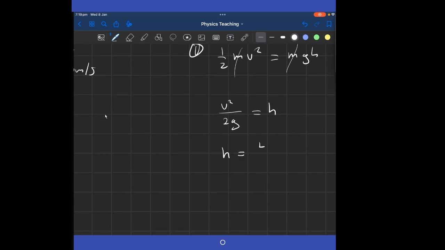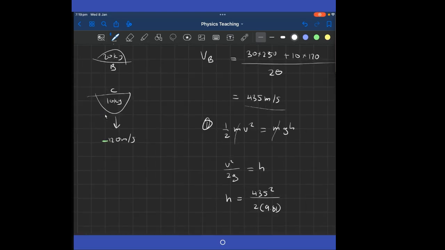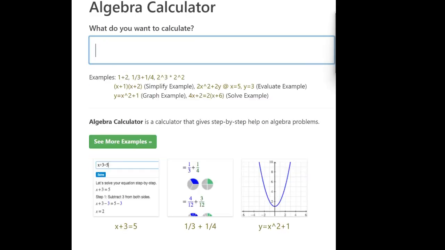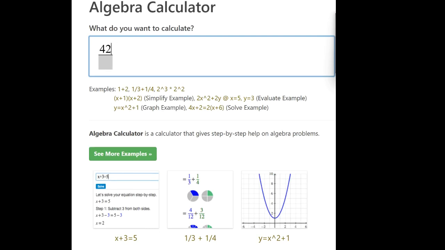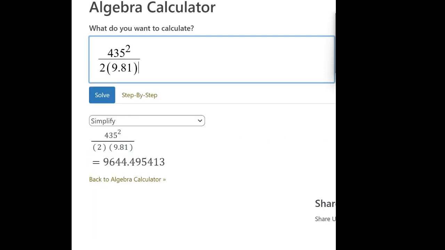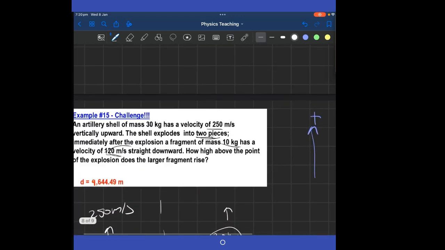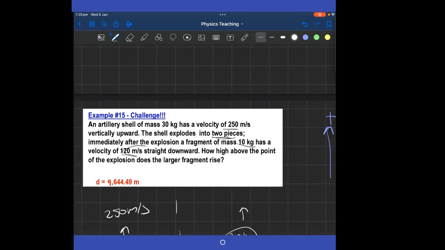So 435, because that's the velocity, and 2g is going to be 2 times 9.81. Let's open up our calculator. 435 squared, so it's going to be a large number, be braced for that, divided by 2 times 9.81, and this is going to be our answer, 9644. Looking back at the question, it was giving us something like 1 sig fig.